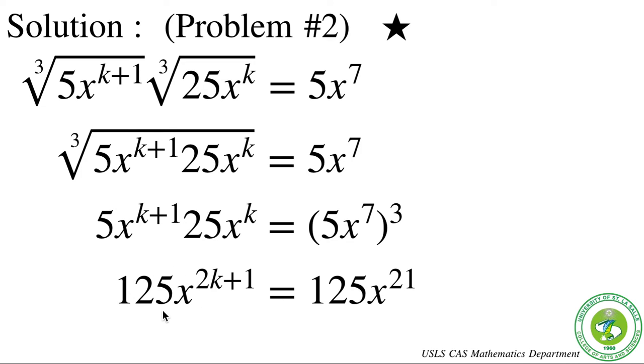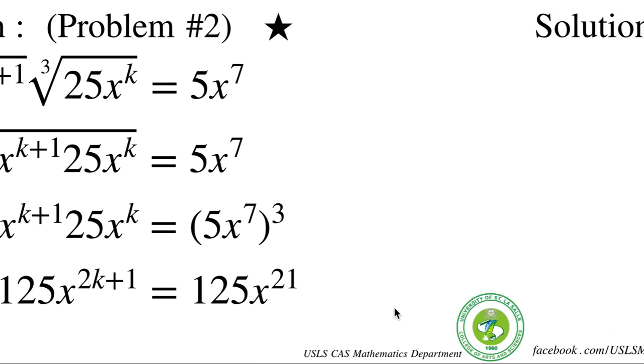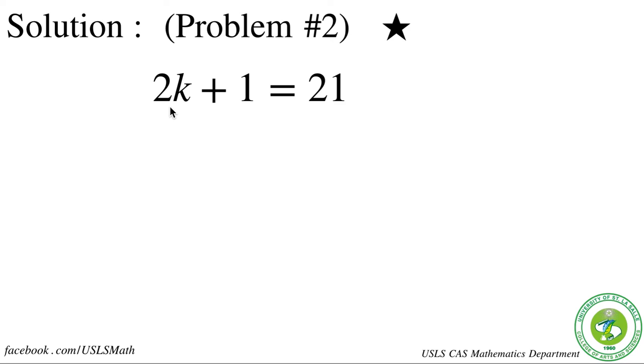Clearly here, 125x is equal to 125x, so our bases are the same. So we equate our exponents, 2k plus 1 on the left hand side, and 21. That gives us 2k plus 1 equals 21.